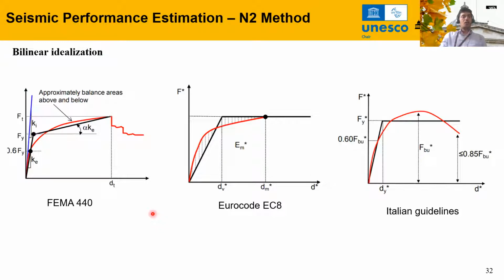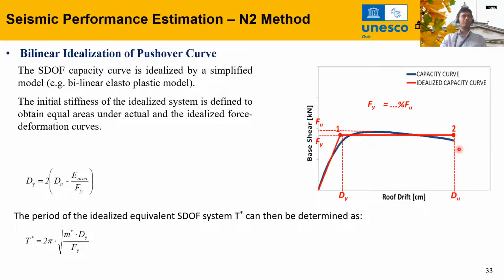To do this simplification, we need to mathematically idealize the given Pushover curve, because the Pushover curve you obtain from different programs will have any shape. So we need to idealize it, either bilinear, trilinear or multilinear idealization. Here we use bilinear idealization, and here you can see different codes or standards with different idealizations.